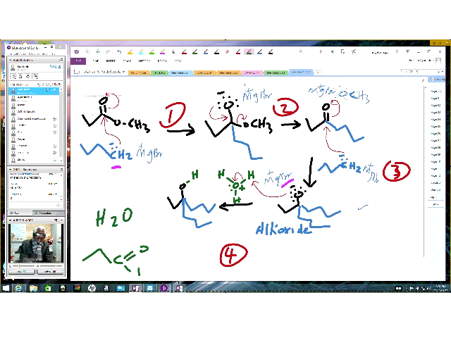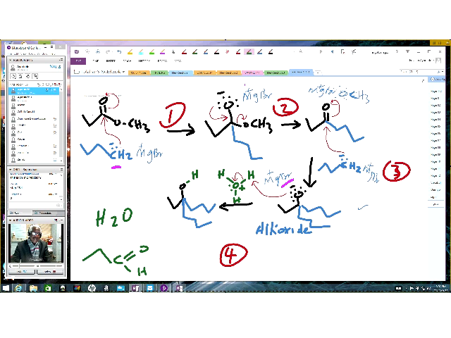Very similar to a ketone. Okay, the carbonyl is attached to a difference here. The carbonyl is attached to a hydrogen. A Grignard will react with an aldehyde to give a secondary alcohol.